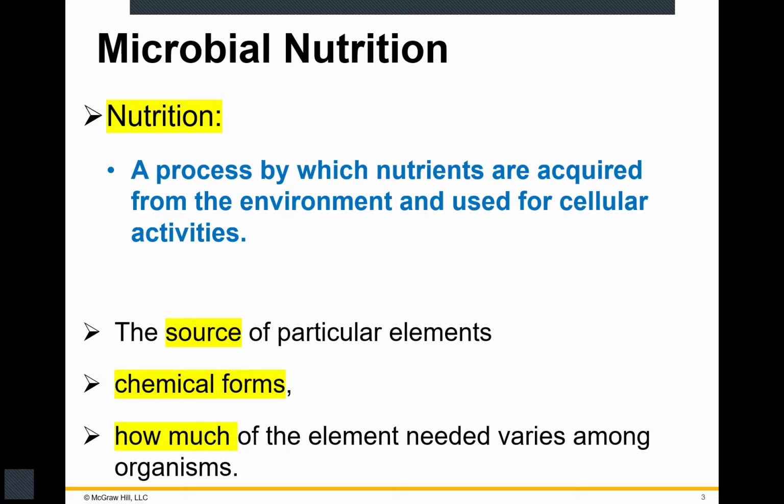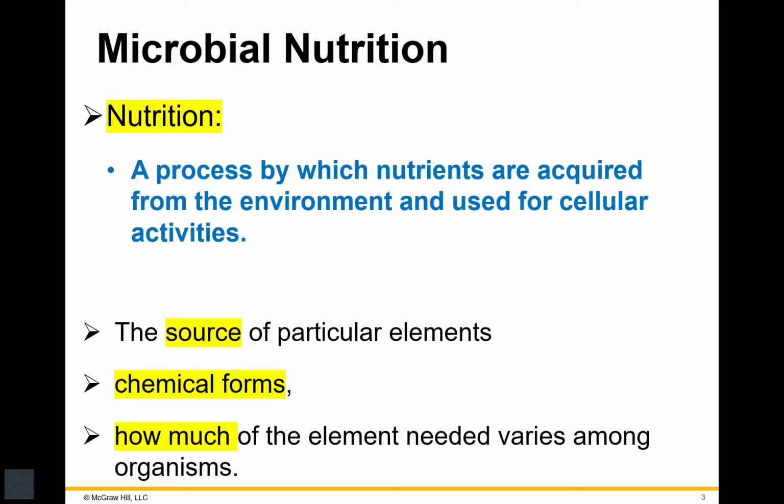Nutrition is the process by which microbes obtain nutrients from the environment. These nutrients provide various supports, energy and metabolism for the microbe. The microbe also uses these nutrients to perform most of its cellular activities.